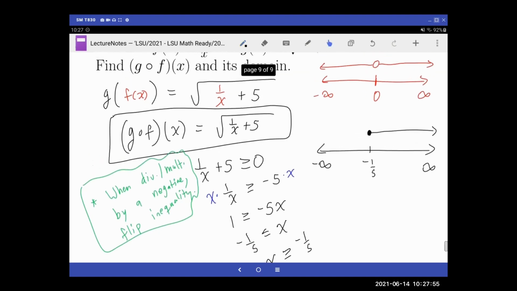But remember, we have to match that up against the domain of f. We're not so worried about the left piece, because x has to be greater than or equal to negative 1/5. But it cannot be 0, because plugging in 0 will cause you to divide by 0. So we say, no 0.